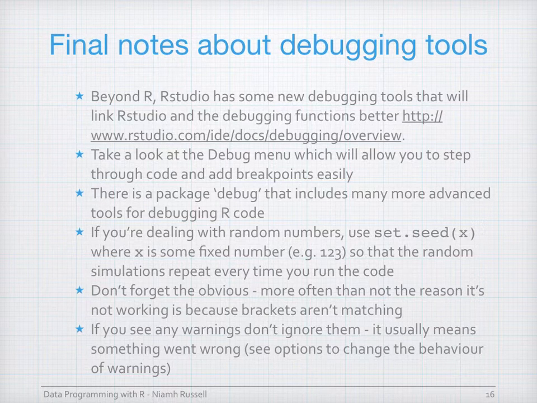So there is an overview on the website that is written here, and the URL is there. Also, take a look at the debug menu within RStudio, and that will allow you to step through code and add breakpoints easily. So instead of using functions like we've described so far, there are menu options which will allow you to debug and add breakpoints.